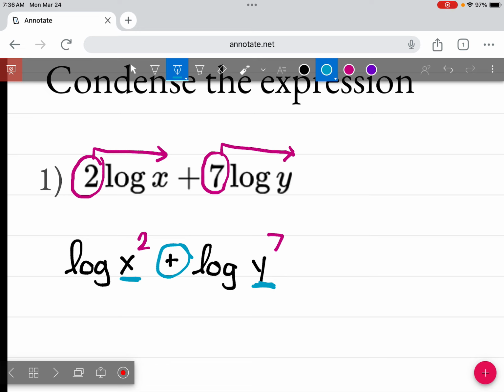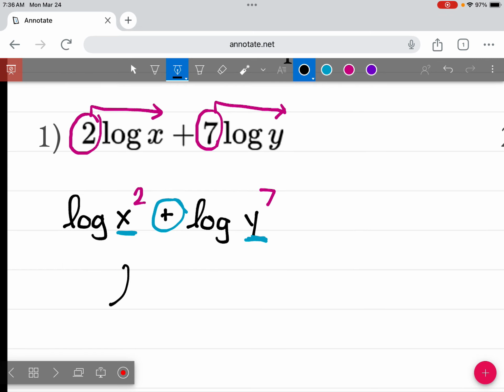So when we write this, condensed down, this is going to become log of x squared times y to the 7th. So the addition becomes multiplication.